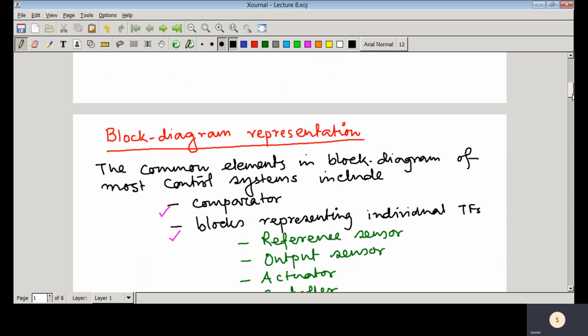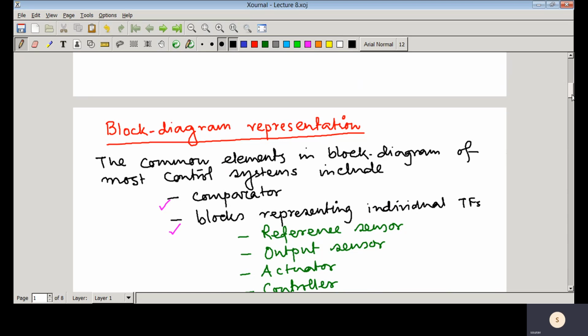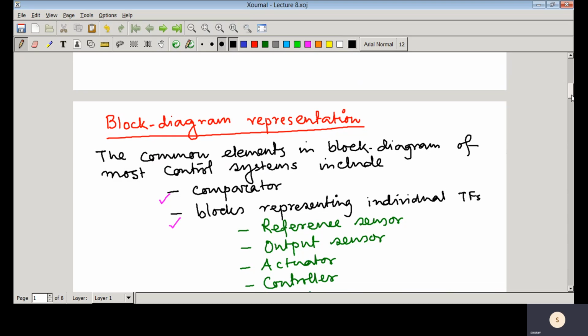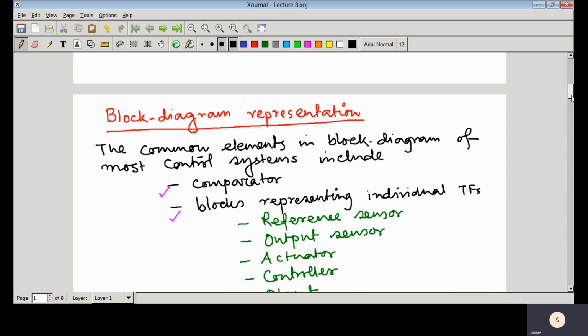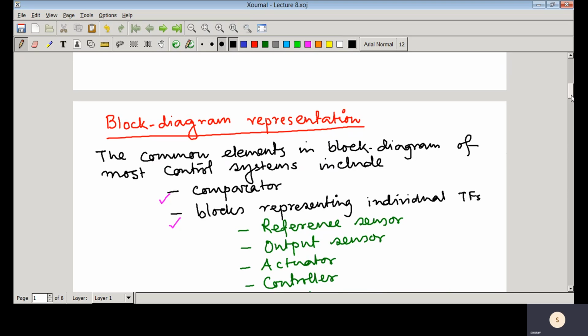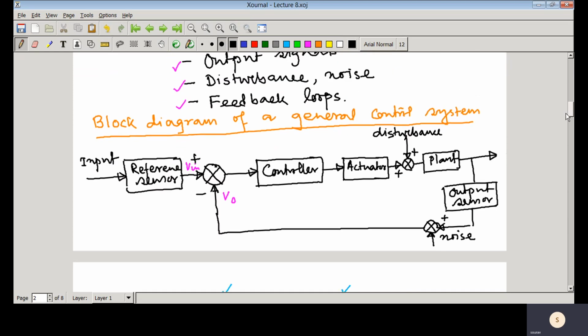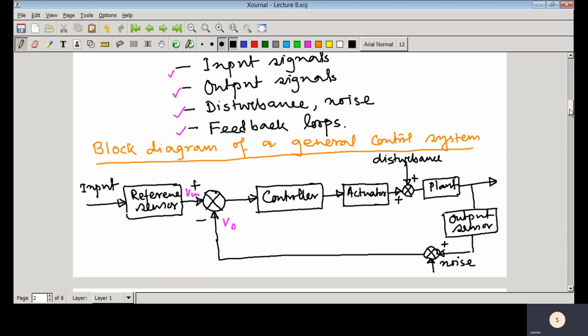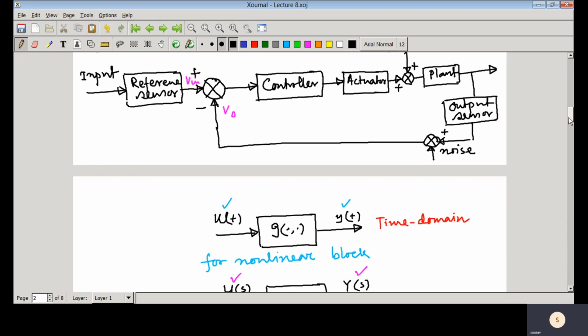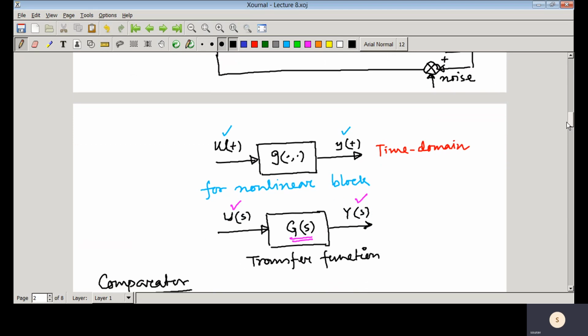Then we have learned some terminology of block diagram representation, that is the comparators. These are actually not terminologies, but important blocks involved in block diagram representation. And this is the closed loop transfer function, and we have seen the important blocks involved in a closed loop feedback control system.